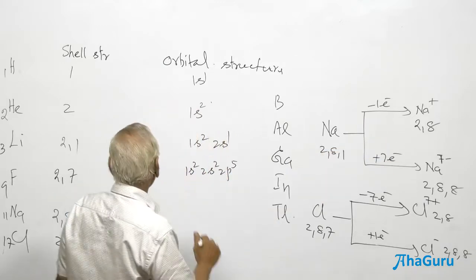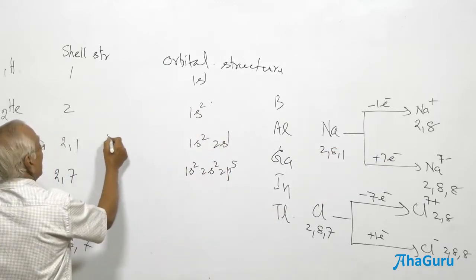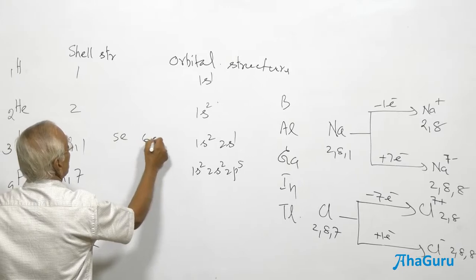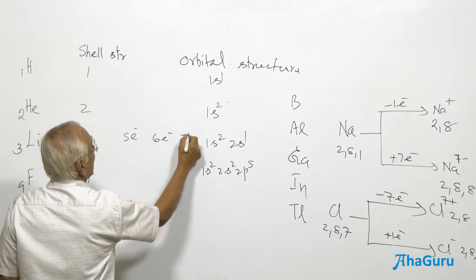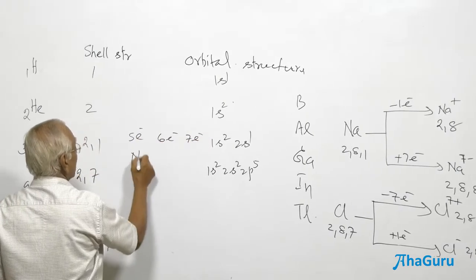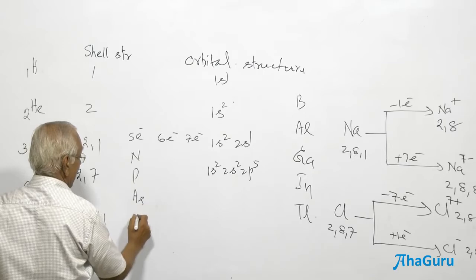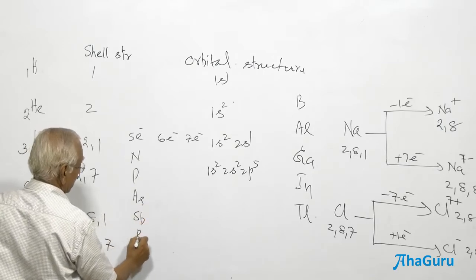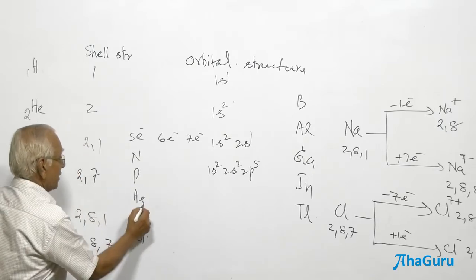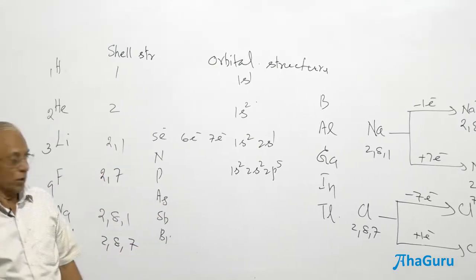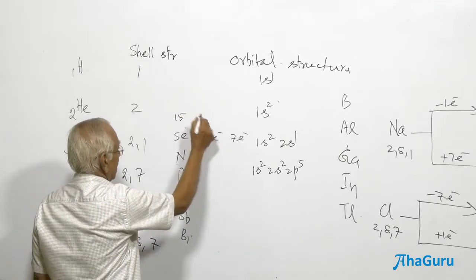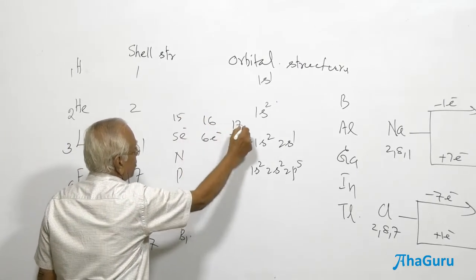Now let me come back to elements having 5 electrons in the last shell, 6 electrons in the last shell and 7 electrons in the last shell. We have already written nitrogen, phosphorus, arsenic, antimony and bismuth. Arsenic, As. Group 15, group 16, group 17.